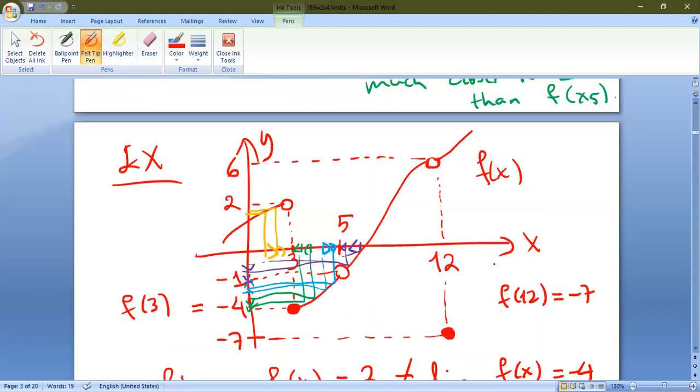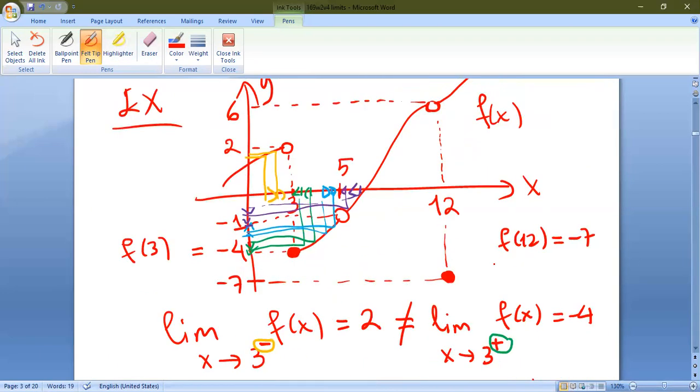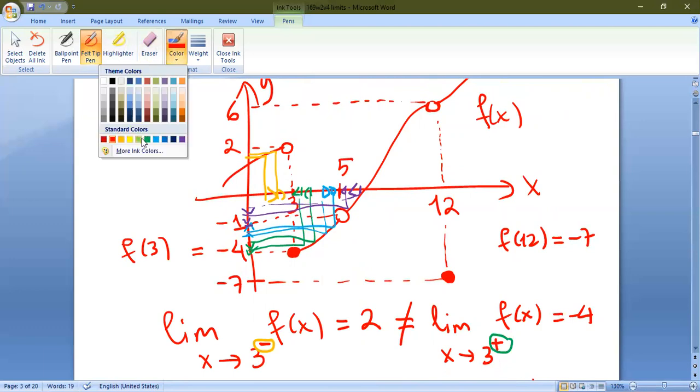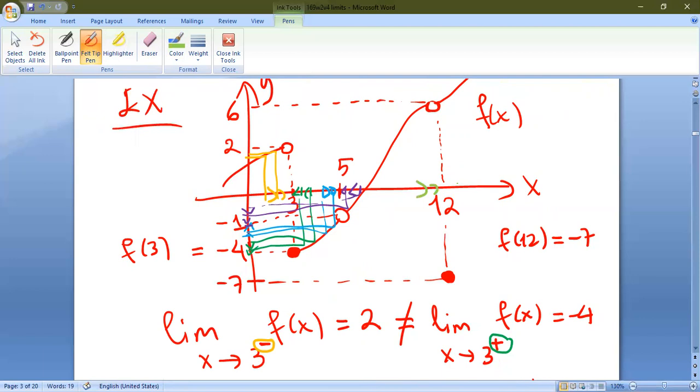So look at this graph again. When the values are approaching 12, what is happening? The outputs will be approaching 6, right? As you see, they are approaching 6.